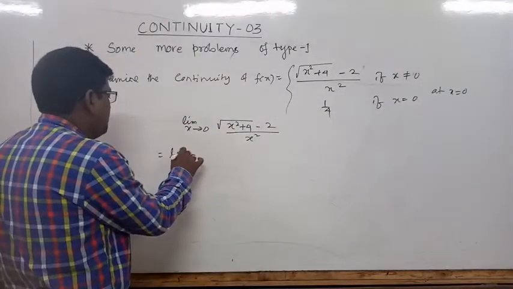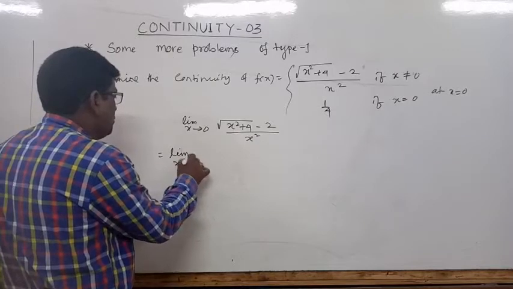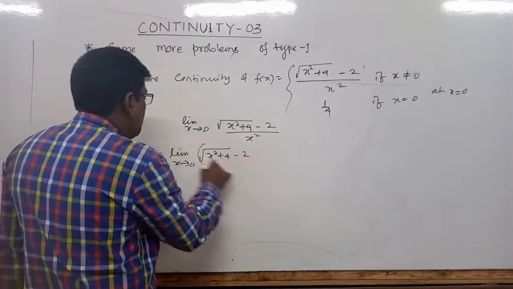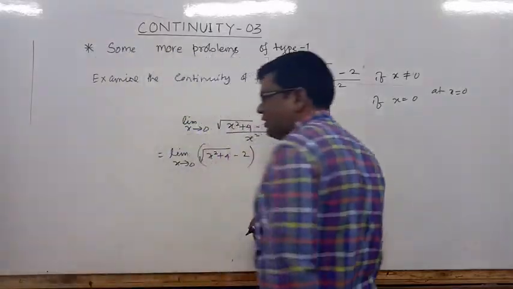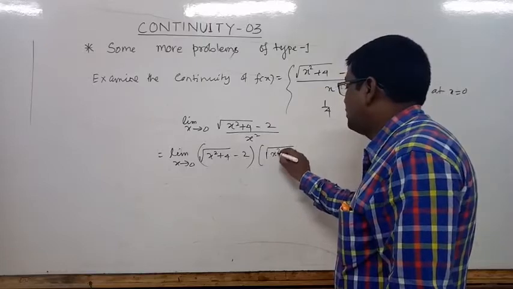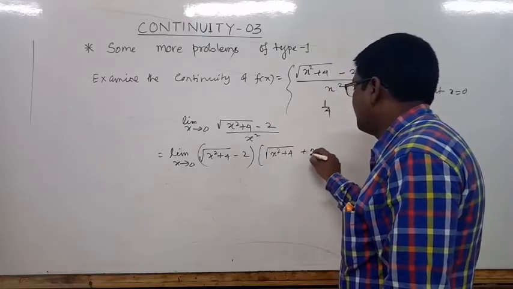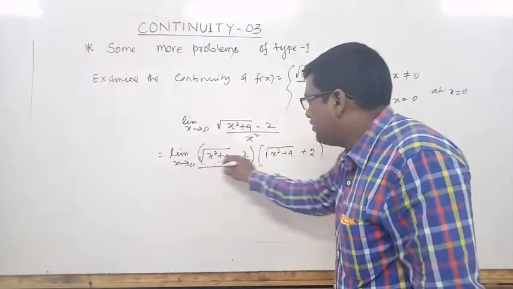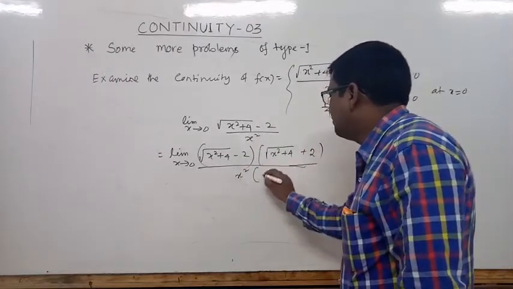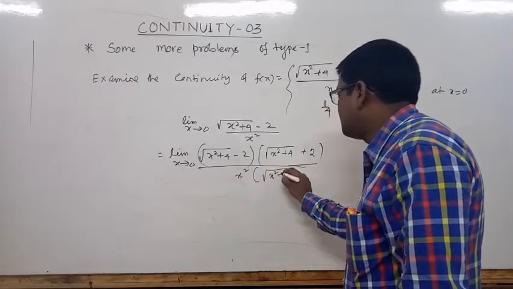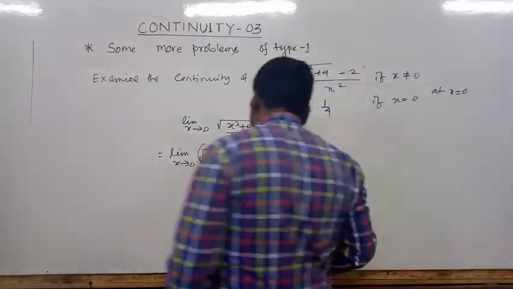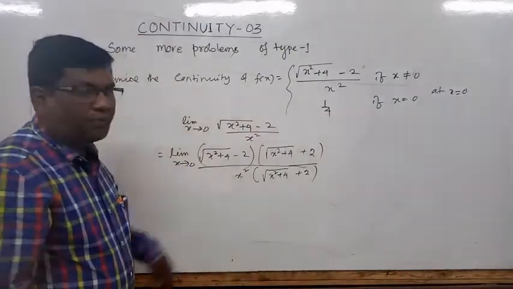That is limit x tends to 0, square root of x square plus 4 minus 2, multiplied by the conjugate, root over x square plus 4 plus 2. Clear? And divide by the same factor here, root over x square plus 4 plus 2, in the form of a minus b times a plus b.